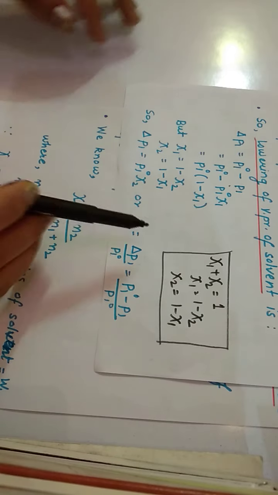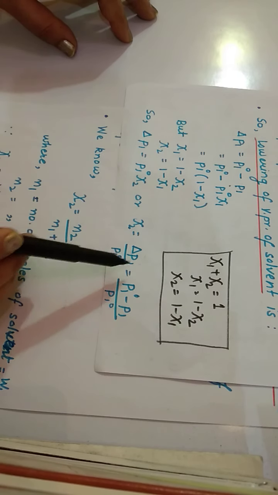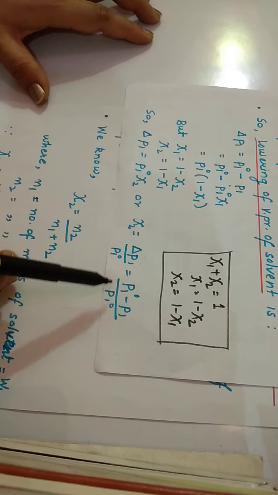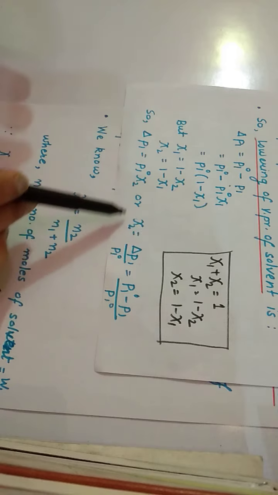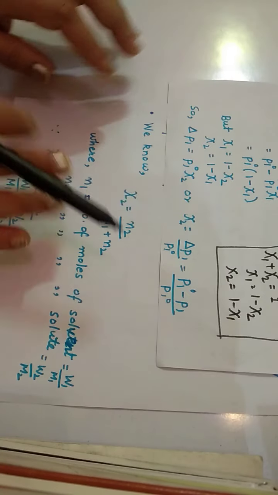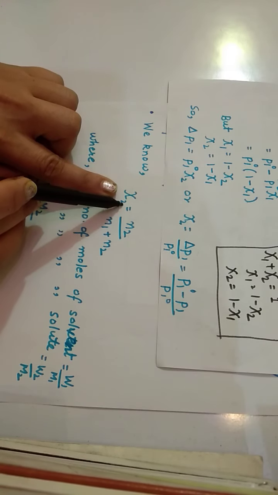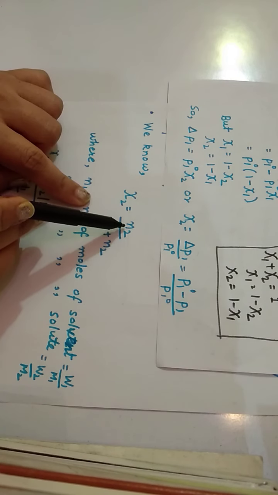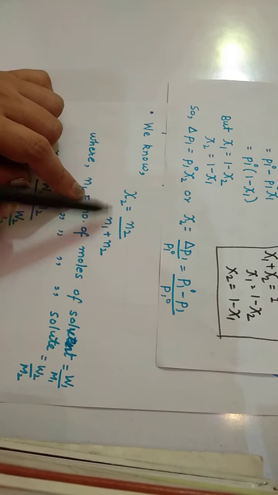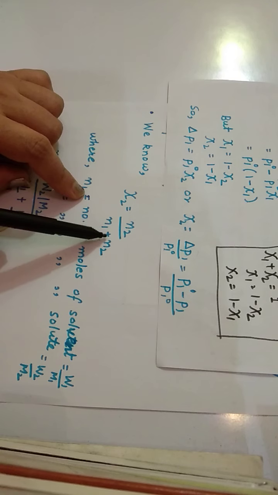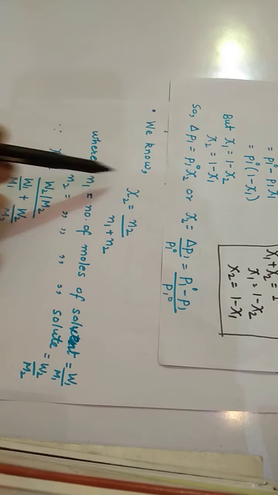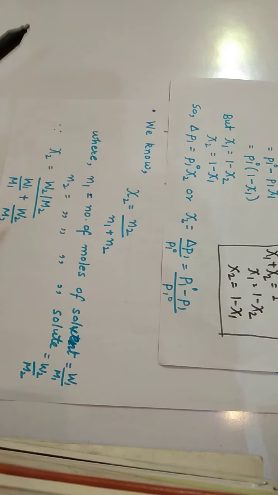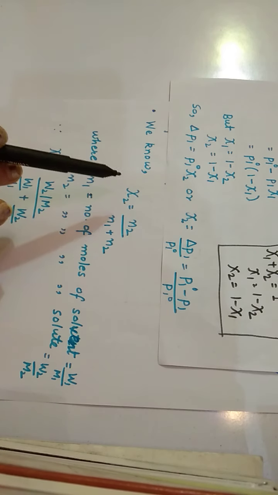Now children, just now we got this. What is that? x2 is equal to delta P1 upon P1 naught, or x2 is equal to P1 naught minus P1 upon P1 naught. So firstly I'll find what x2 exactly is. Now children, we know that mole fraction of component 2 is equal to number of moles of component 2 upon number of moles of component 1 plus number of moles of component 2. Children, this formula we have already studied in class 11th and in class 12th also.